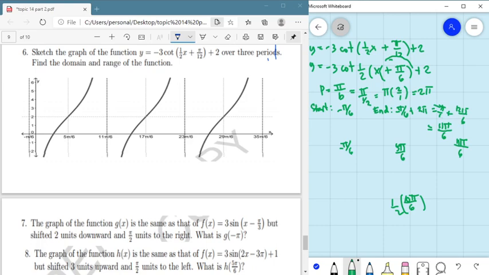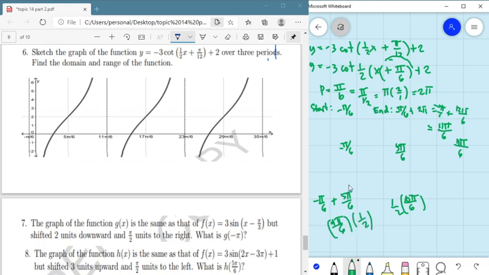Okay. And then, in between 5 pi over 6 and negative pi over 6, this is negative pi over 6 plus 5 pi over 6, it's 4 pi over 6 times 1 half, divided by 2.